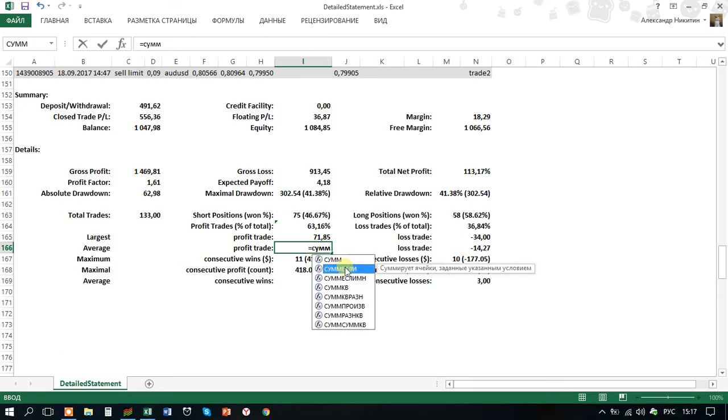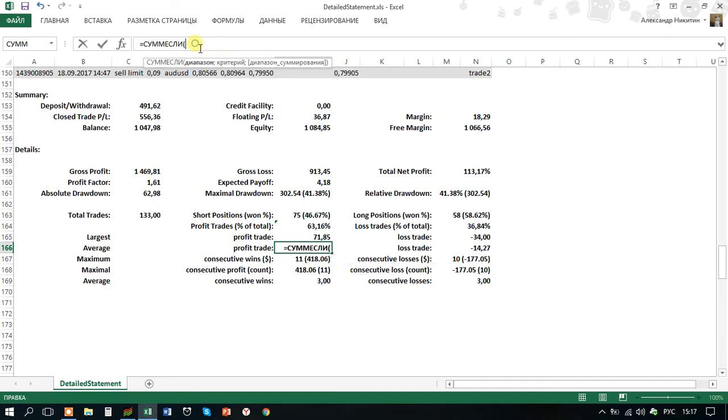Sum if means sum if. Okay, add them to one each other. Sum if, and no, I need this, and 2 and 142, maybe more than 0, more than 0.